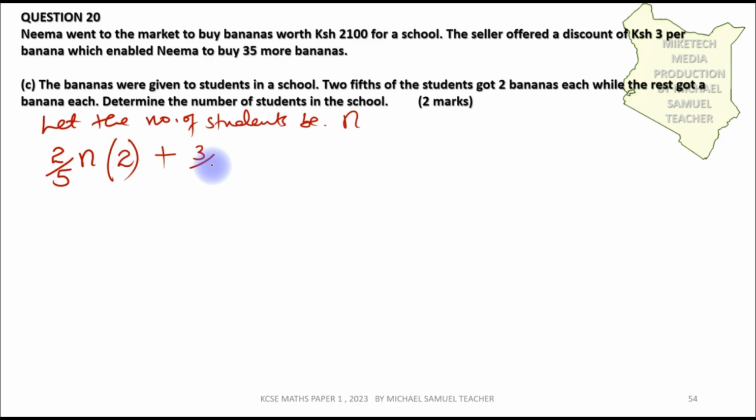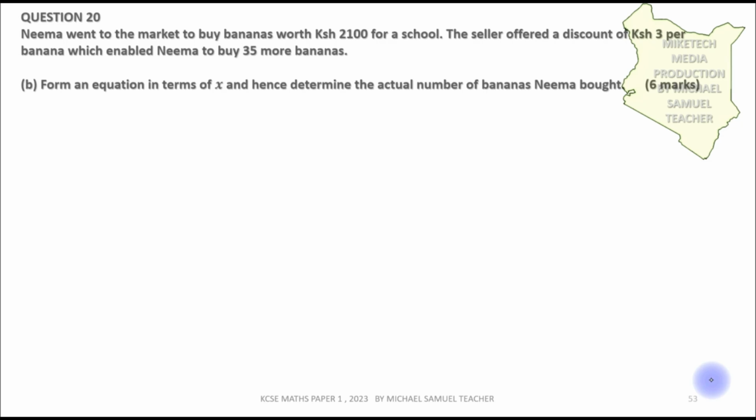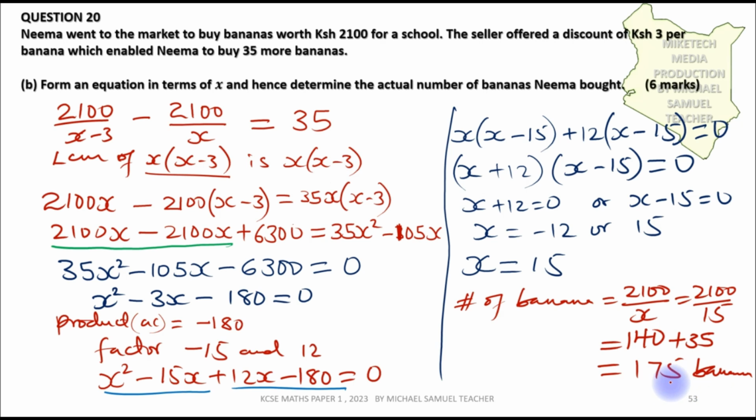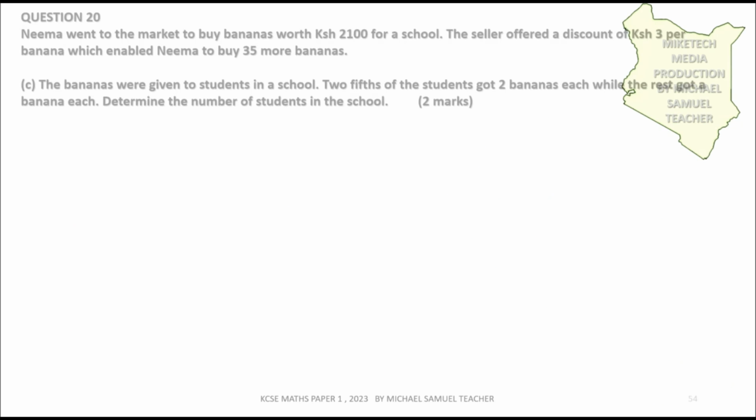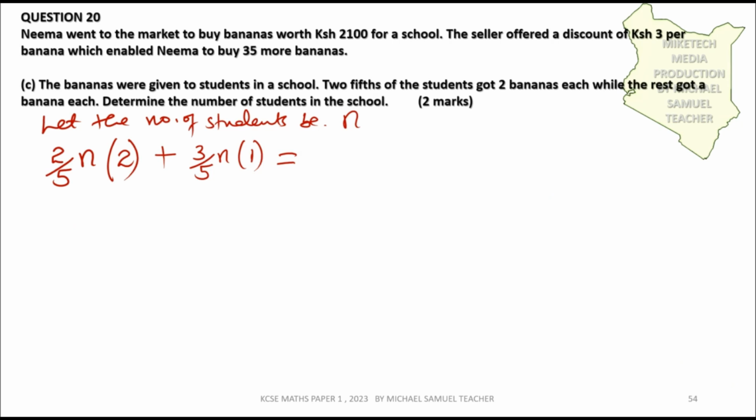So 3/5 of the students times 1 banana each. And remember, the total number of bananas we got was 175, the total number of bananas after the discount.